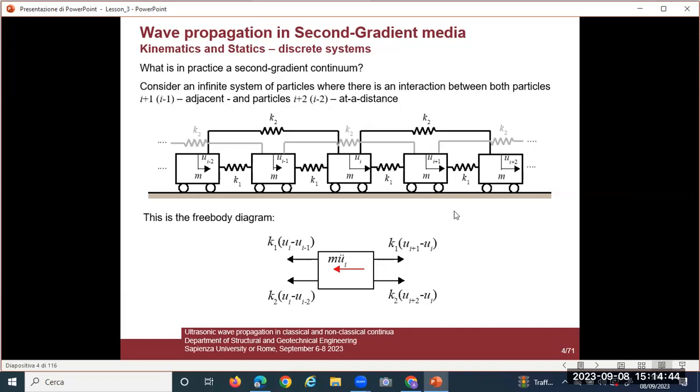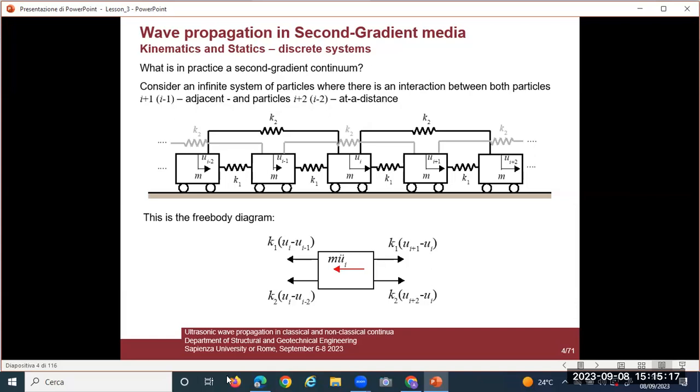This is why we mostly use classical continua, but this is not generally true. If you have actual springs, like in this case, you have to take that stiffness into account. Otherwise, the model you are using is not able to describe exactly the behavior of the system you are analyzing.